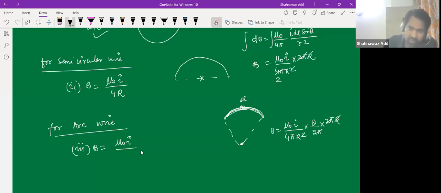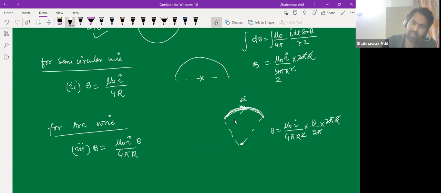Theta is L by r, right? So mu naught by 4 pi r, and theta. This one would be the result for the arc length.